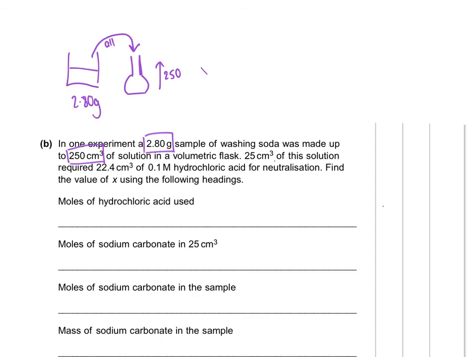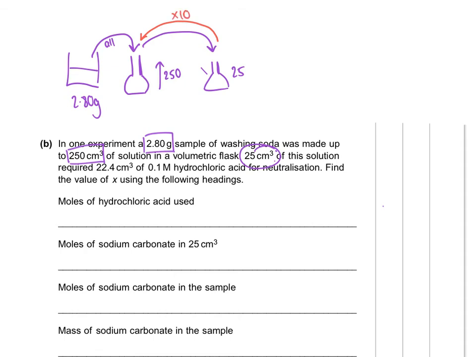And then for our titration, we're going to take a 25 centimetre cubed portion and put it in our conical flask for our titration. That means when we work out how many moles are in our conical flask, that is 25 out of our 250. So working backwards, you're going to need to times by 10. So you're going 25 to 250, so that's times by 10.